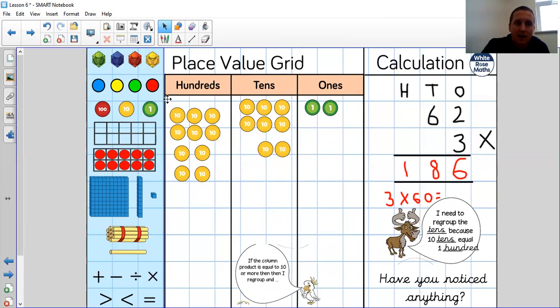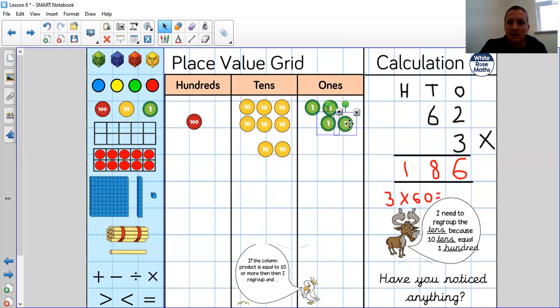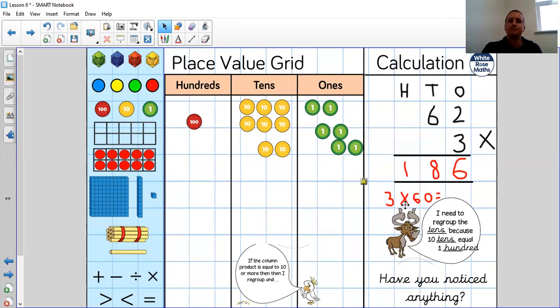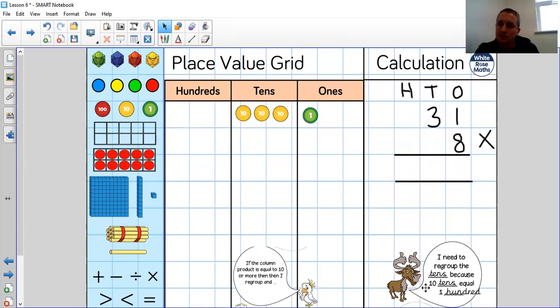So I can now say I've regrouped. That's 100. So 100, 10, 20, 30, 40, 50, 60, 70, 80, and then 3 2s, we all know is 6. There you go. All right, so my answer, 186.